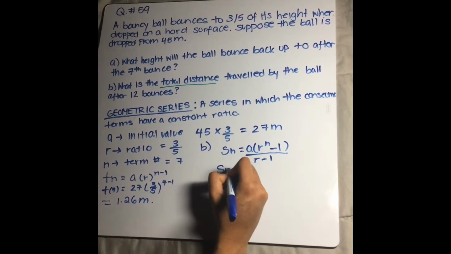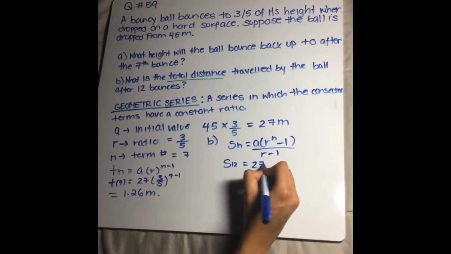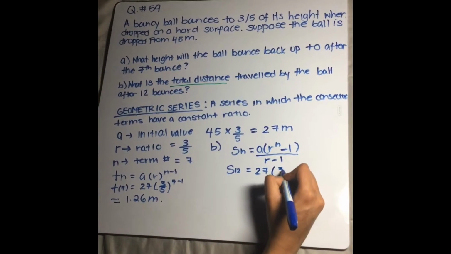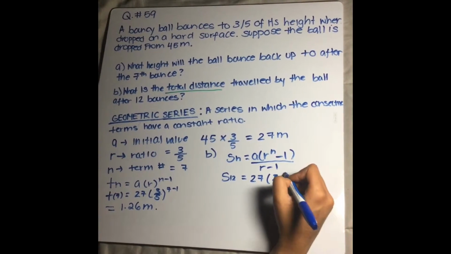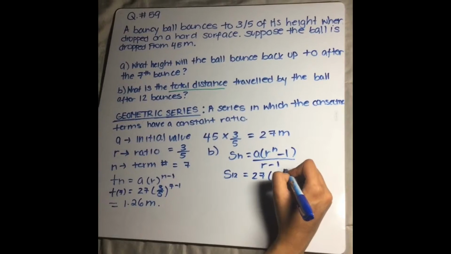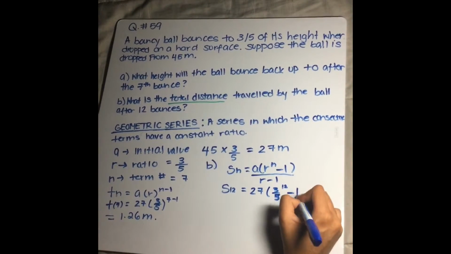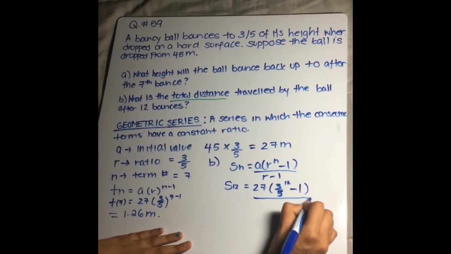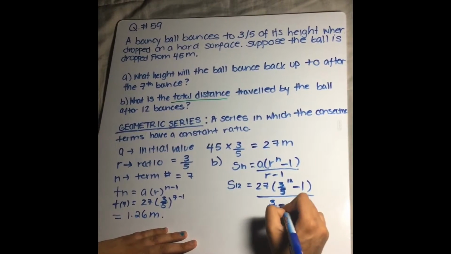So we plug in 12, our initial value is still 27, and our R stays the same, to the 12, because this time we've changed our n value, minus 1, and all over 3 over 5 minus 1.